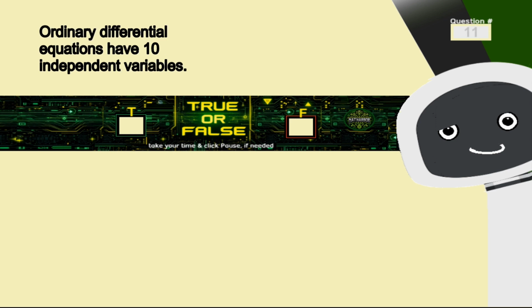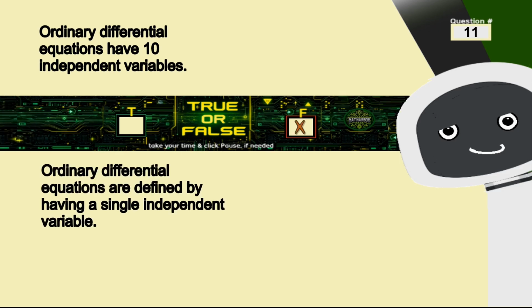True or false? Ordinary differential equations have 10 independent variables. That's false. Ordinary differential equations are defined by having a single independent variable. True or false? Differential equations are irrelevant to computer science.